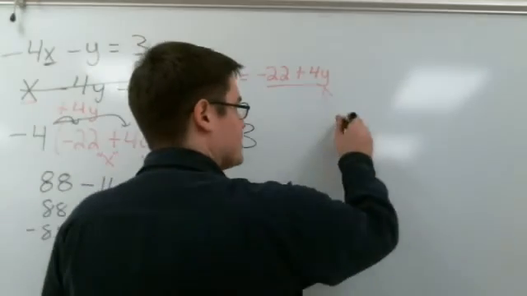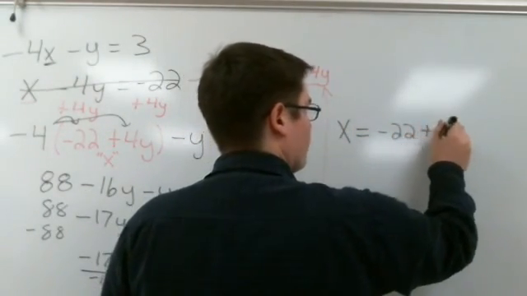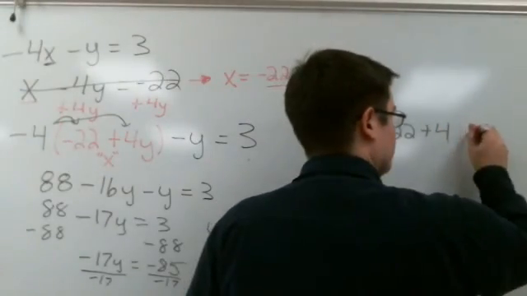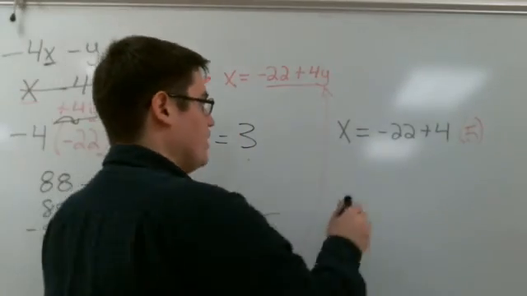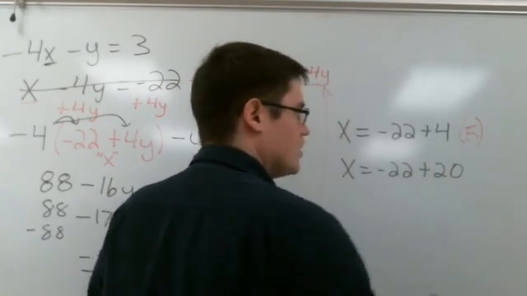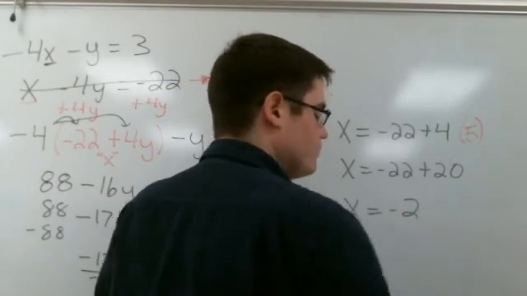So now I have x equals negative 22 plus 4 times 5. So x equals negative 22 plus 20, x equals negative 2.